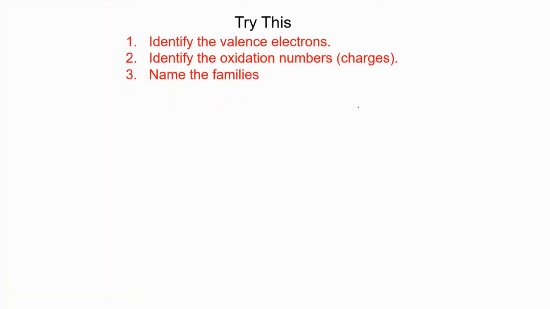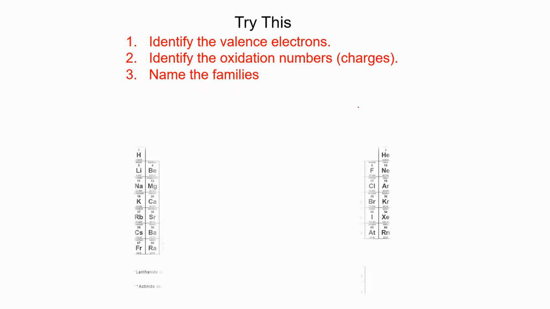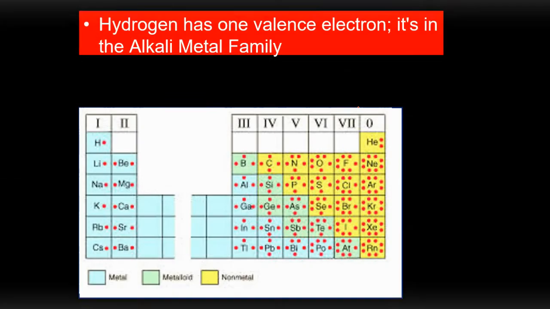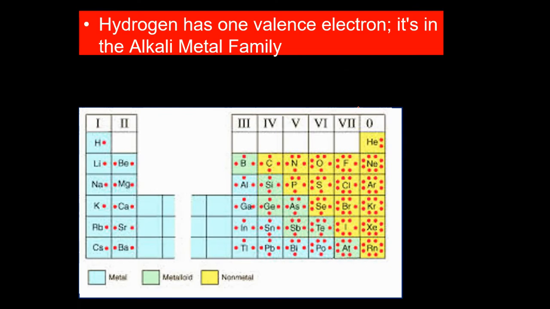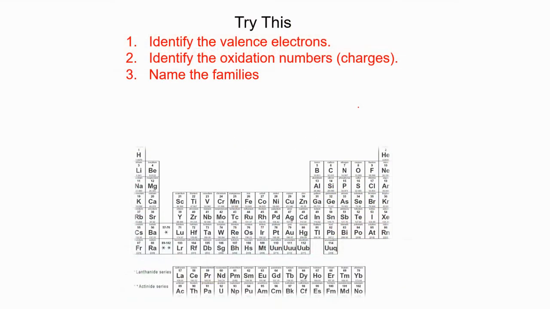All right, so let's look at this. Identify the valence electrons, the oxidation numbers, and name the families. We're going to kind of look at this. Well, here's some examples. If I asked you how many valence electrons were in chlorine, so chlorine is down here. How many valence electrons are in chlorine?